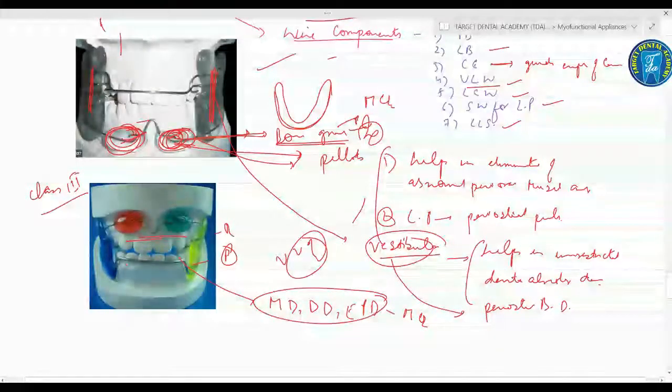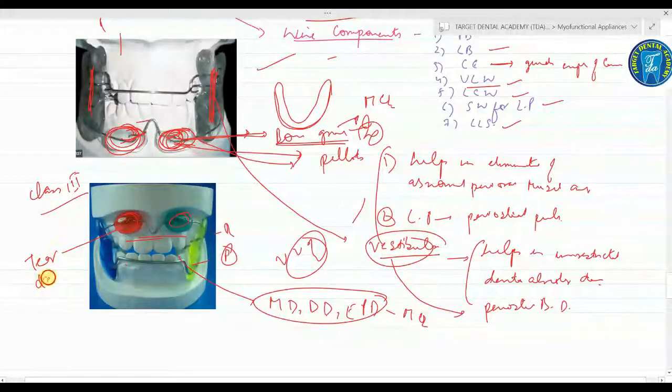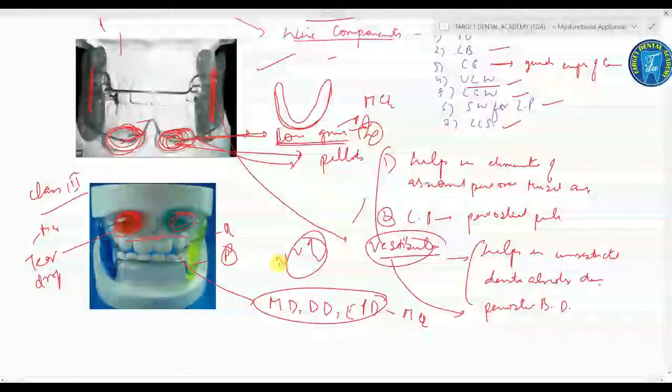So in this, these are the lip pads. Now the lip pads appear as a teardrop. MCQ. The shape of the pelotes or the lip pads is like a teardrop in the sagittal section.